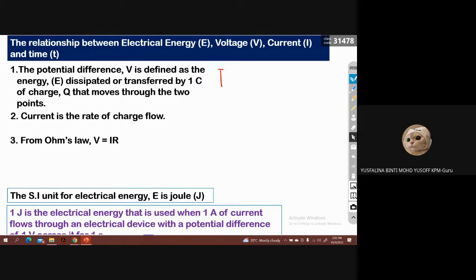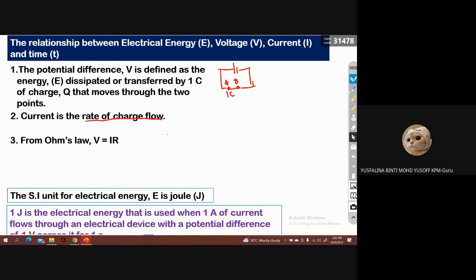Let's say this is point A and this is point B. How much energy do I need to transfer 1 coulomb of charge from A to B? That is called the potential difference. And what does current mean? Rate of charge flow.